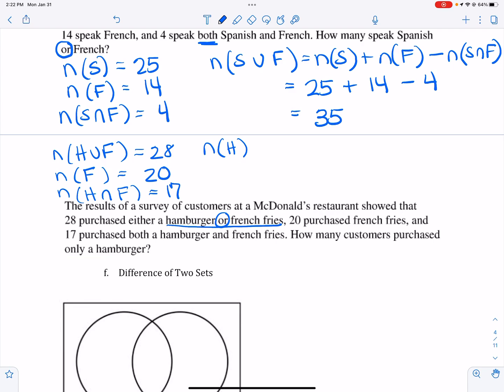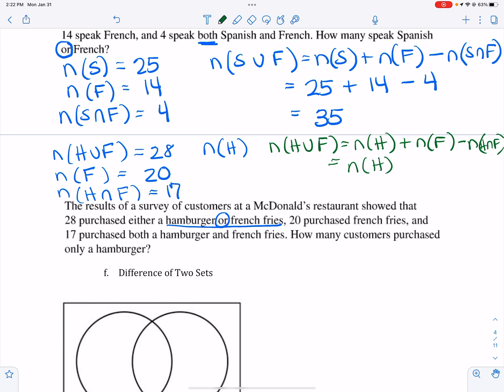So let's write out the formula. The number of or is equal to the number of hamburger plus the number of French fries minus the number of both, which is H and F. So we get number of H is what we don't know, 28.